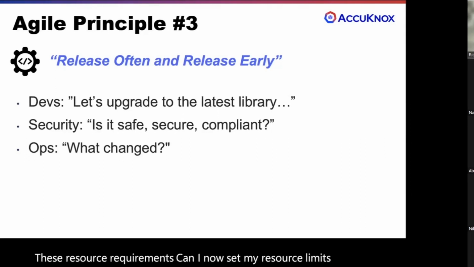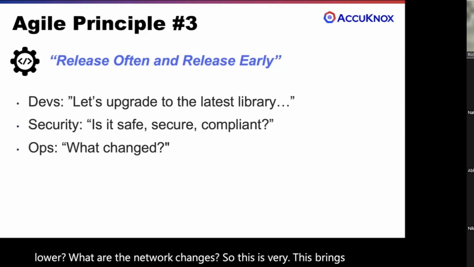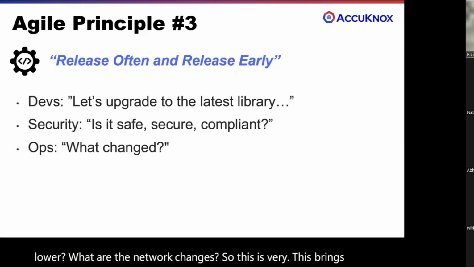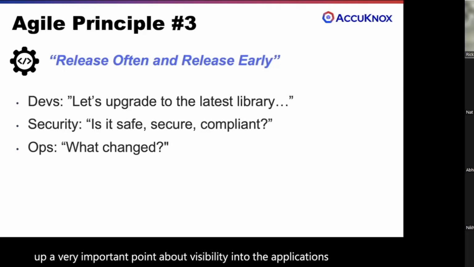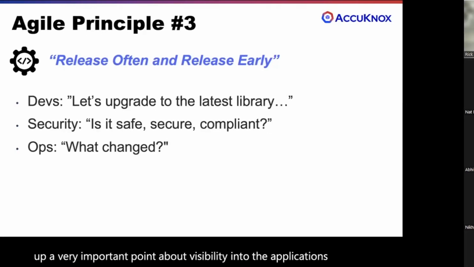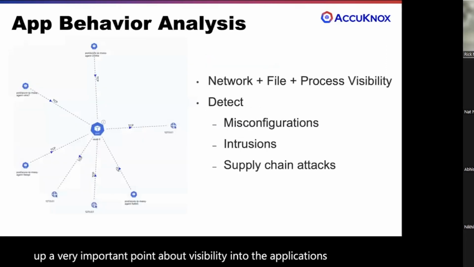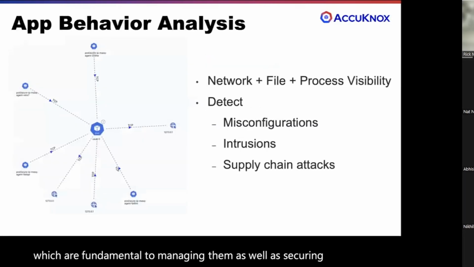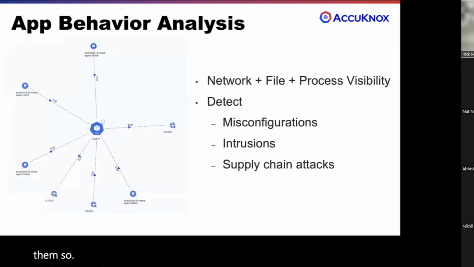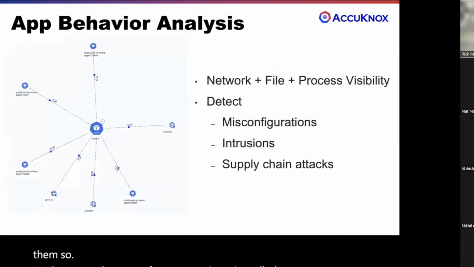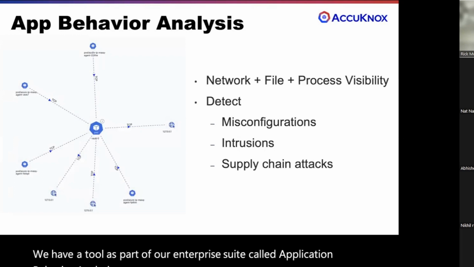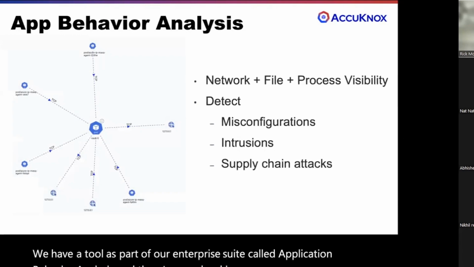So this brings up a very important point about visibility into the applications, which are fundamental to managing them as well as securing them. So we have a tool as part of our enterprise suite called application behavior analysis. And there's some level in the open source one as well.